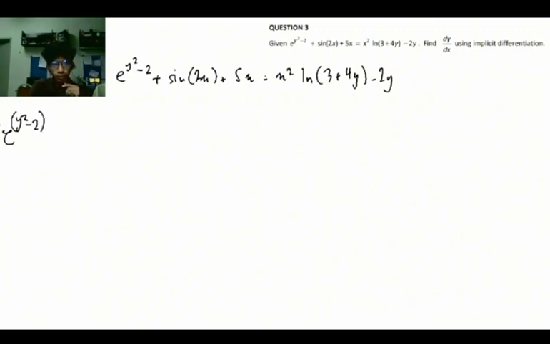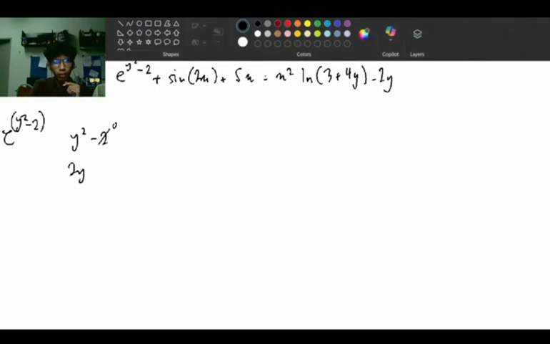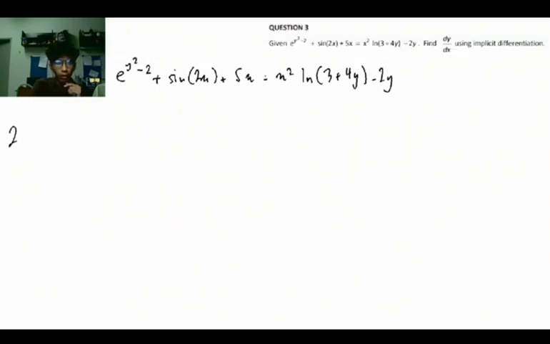First, we keep the exponent and differentiate it: the derivative of 2 is 0, and y squared becomes 2y. So we get 2y e to the power of y squared minus 2, plus sin becomes cos 2x, and differentiating 2x gives 2, which we bring to the front, plus 5x becomes 5.